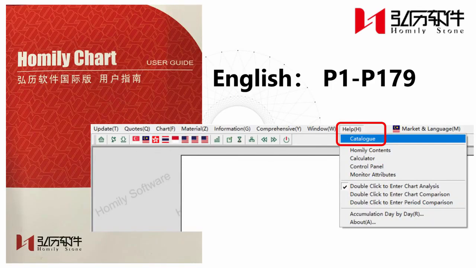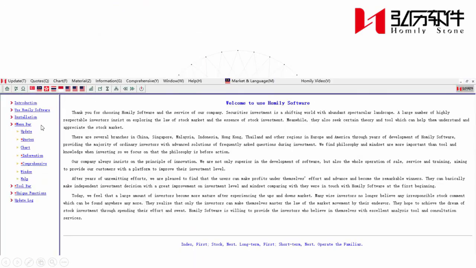This one is the user guide. The first part is English, the second part is Chinese. All the books, all classes, and all software will be in English and in Chinese. If we want the soft copy, we just go to Help, click Help and then click Catalog, and the user guide will appear.